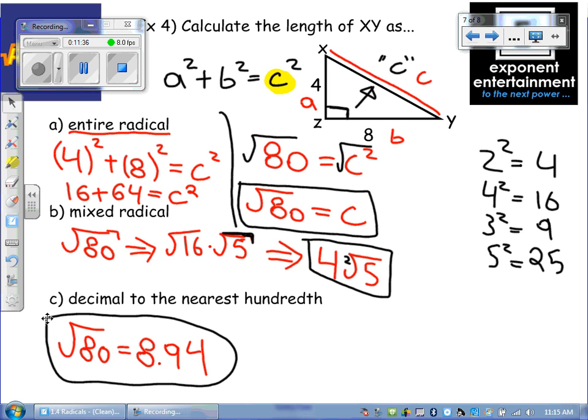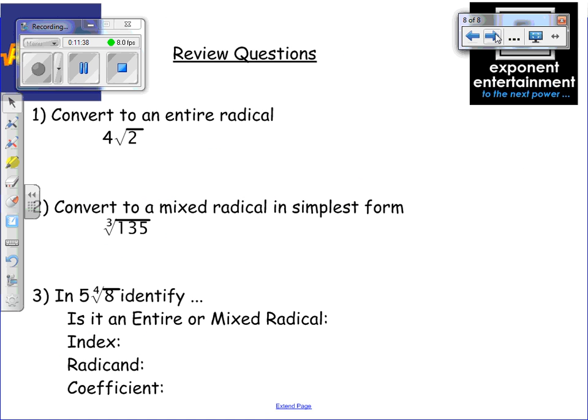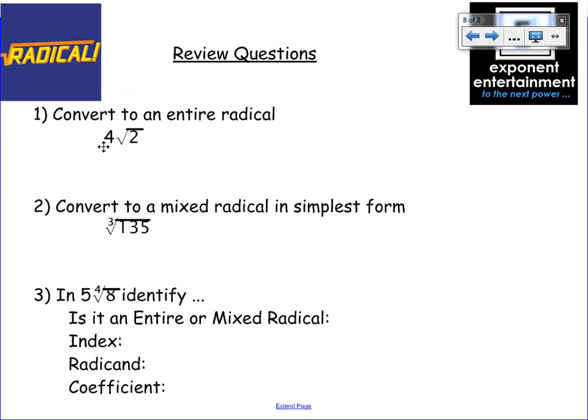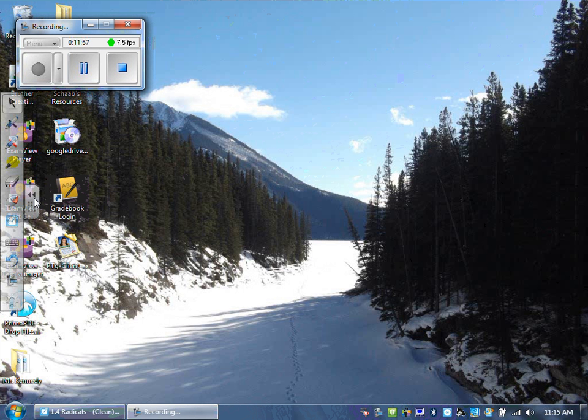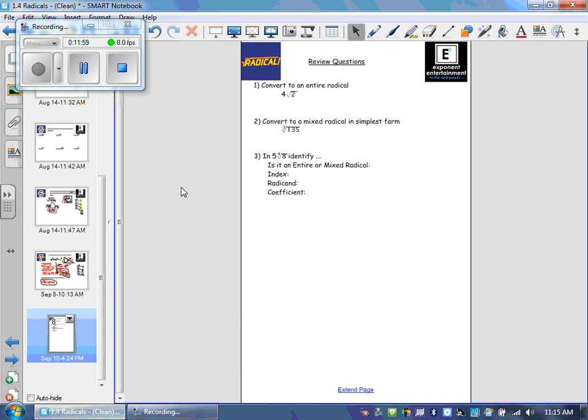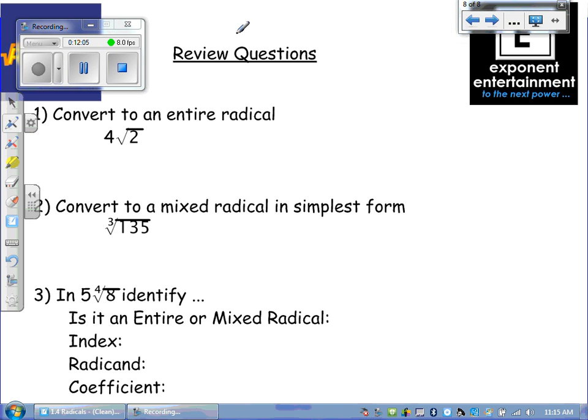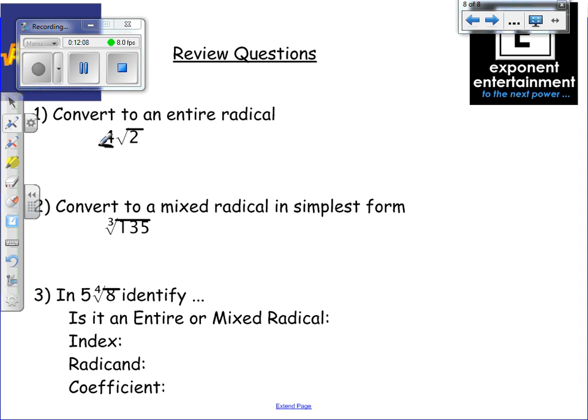Review questions. This is when we'll see that again. Convert to an entire radical. Entire radical means there's no coefficient. That's a coefficient, so we need to get rid of it. So you bring it under the radical. Exactly, Murphy nailed it.